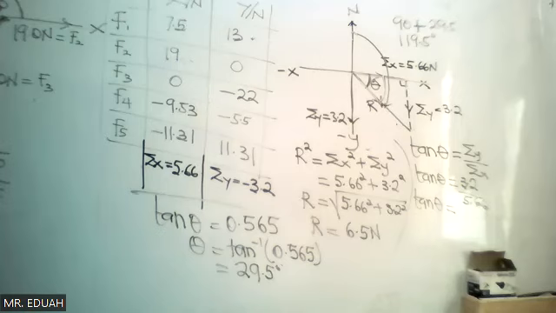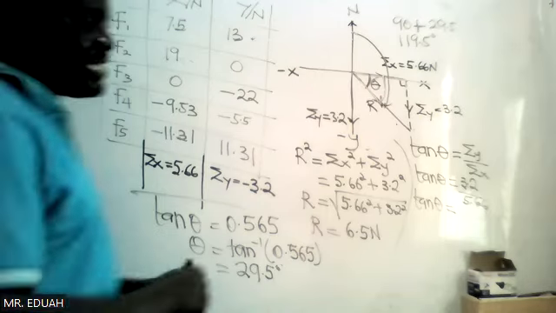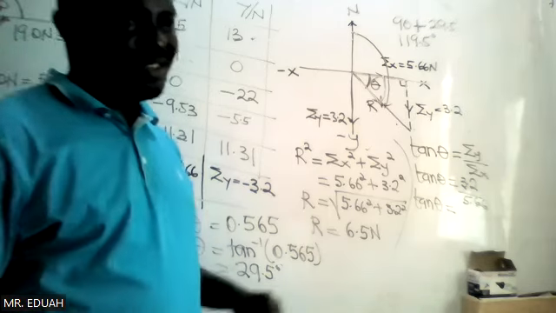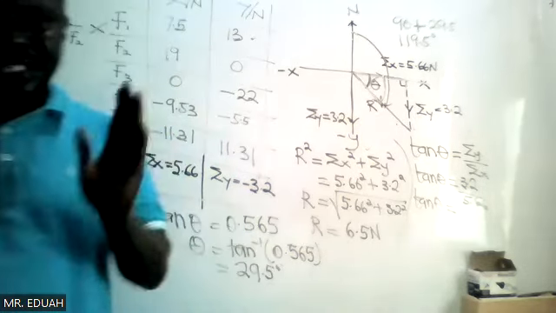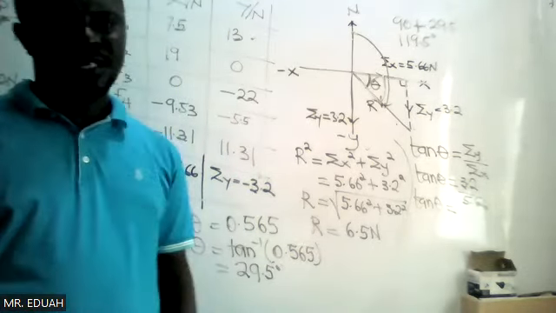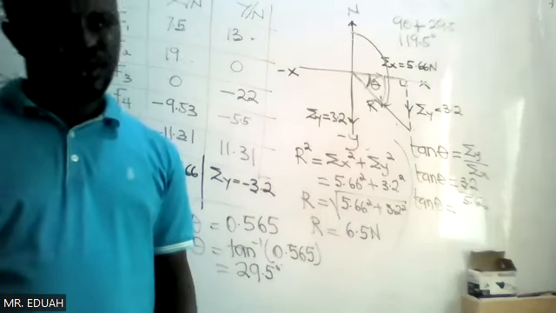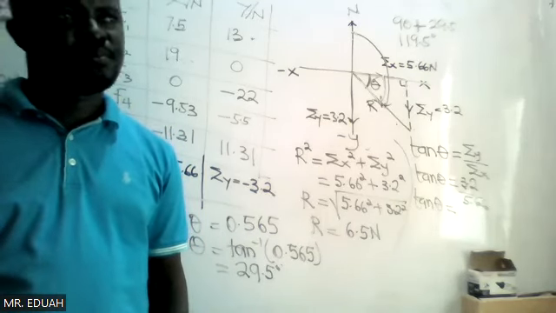Or 29.5 east of south. Do you get it? So there are quite a lot of ways to handle this, and it's acceptable.